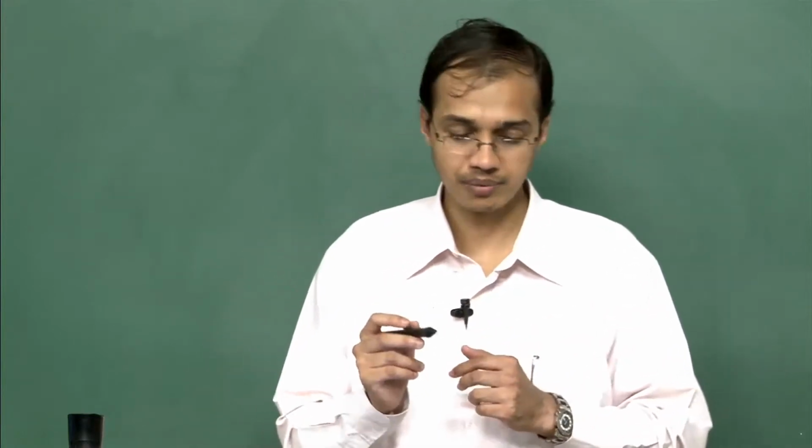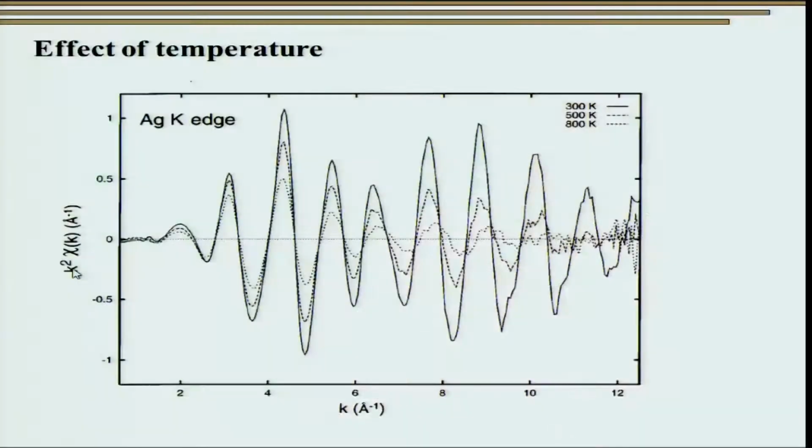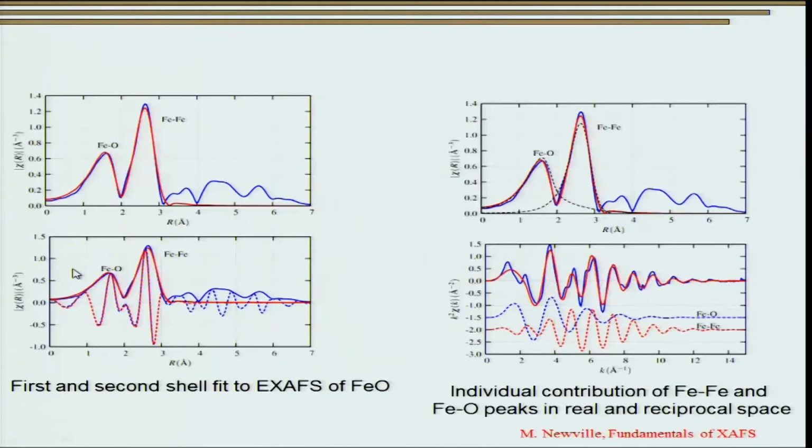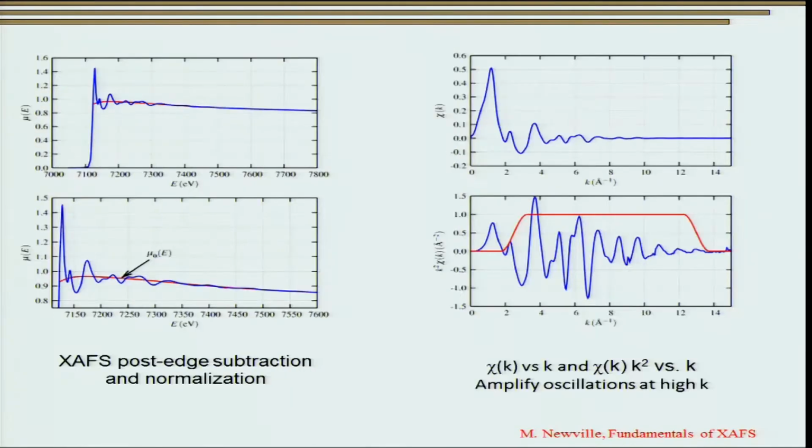Another important parameter is this chi of k. I hope you remember, if you go back to the first curve, we have mu of E, which is nothing but your distribution, and I swiftly shifted and did not mention what exactly chi of E is, so let me just write that.